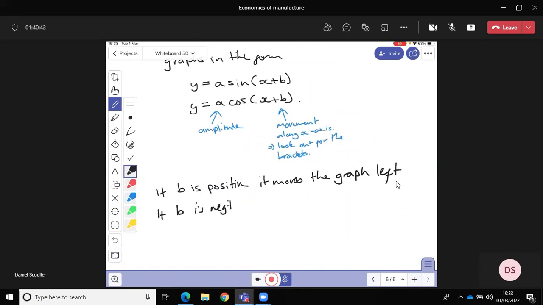Can I just ask, when you say moves left, why is that? Is that similar to the bearings with the degrees moving from north around 360 degrees? No, nothing to do with that. It may make more sense when we draw it out.